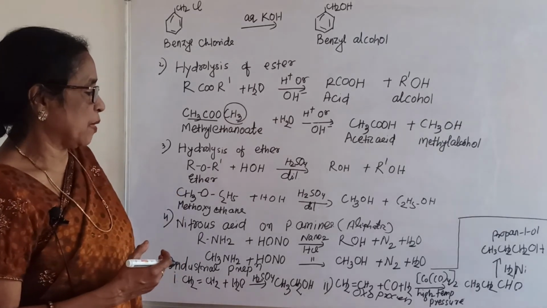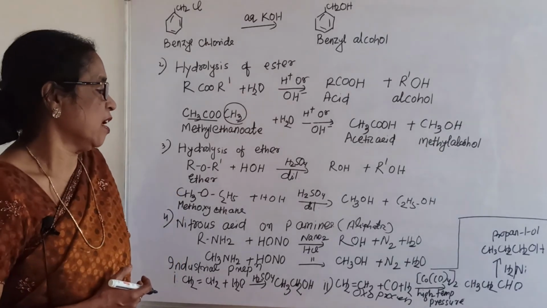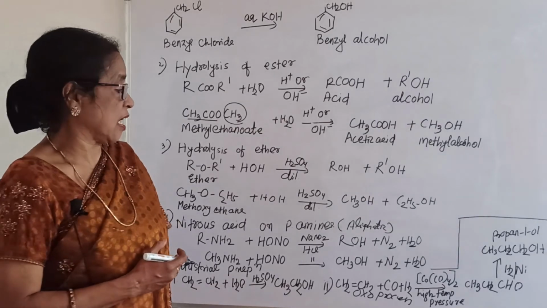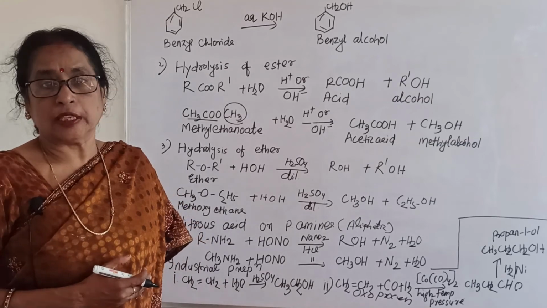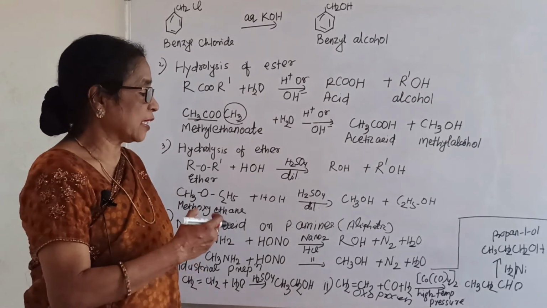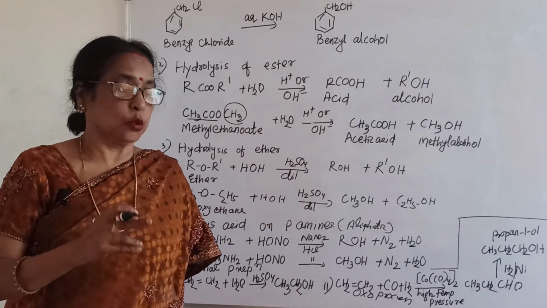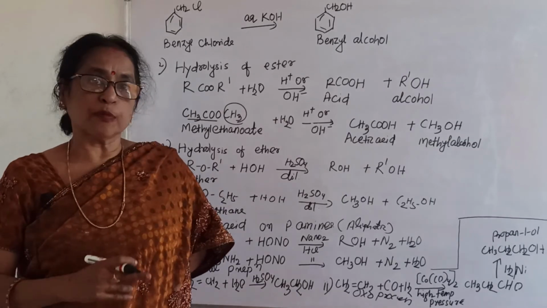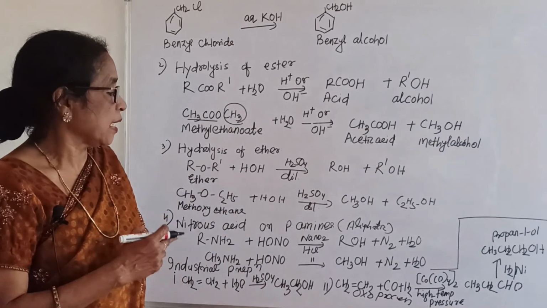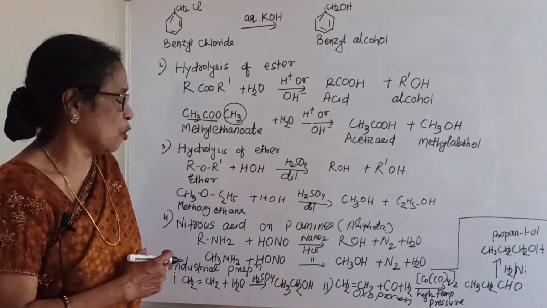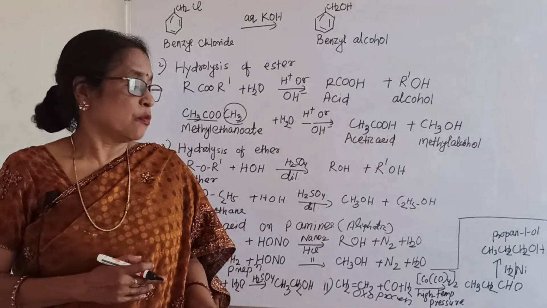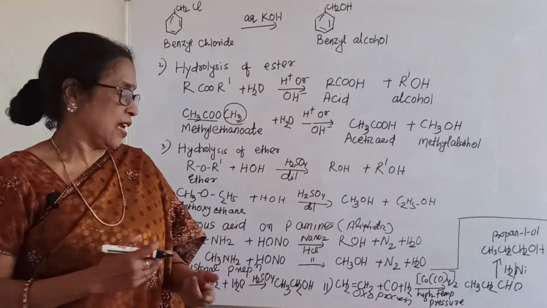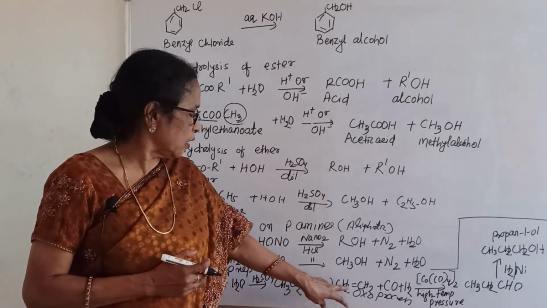And now in presence of tetracarbonyl cobalt, but tetracarbonyl multiplied by 2, that is why octacarbonyl cobalt. Now octacarbonyl cobalt, high temperature and pressure, it gives, what it gives? Aldehyde. Then how many carbons? 1, 2, 3.